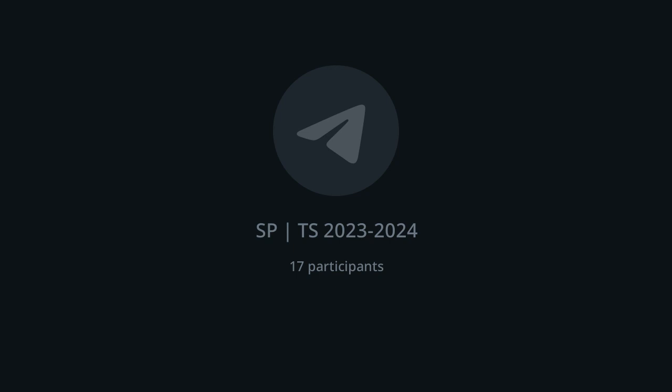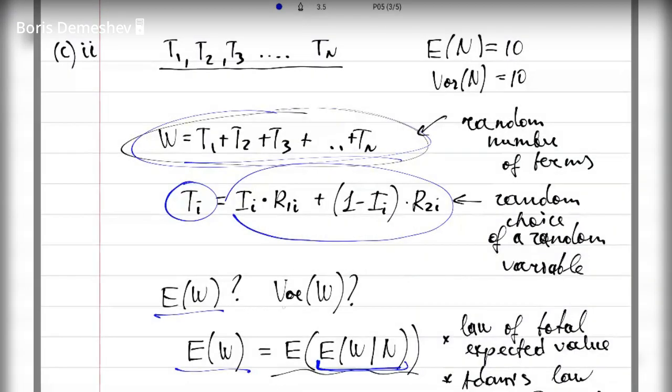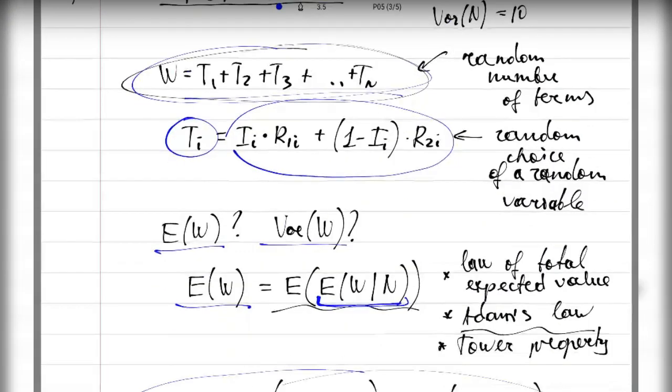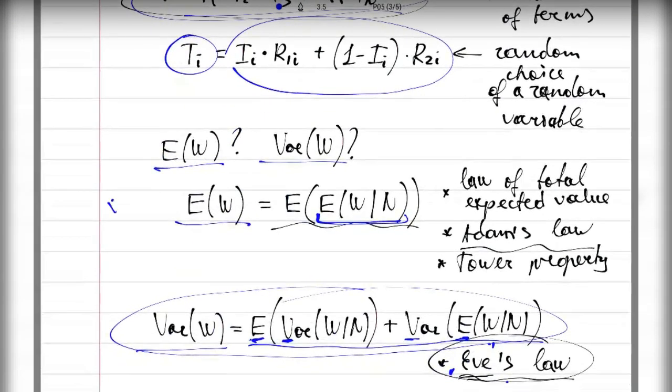Okay, so we need to calculate the expected value of W and the variance of W. And we use two formulas. The first formula is called Adam's law or the tower property, and for the second formula, the variance is decomposed into two parts.